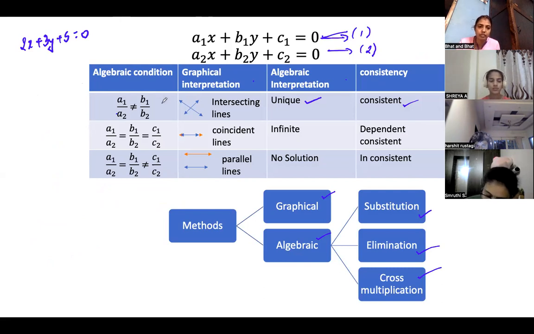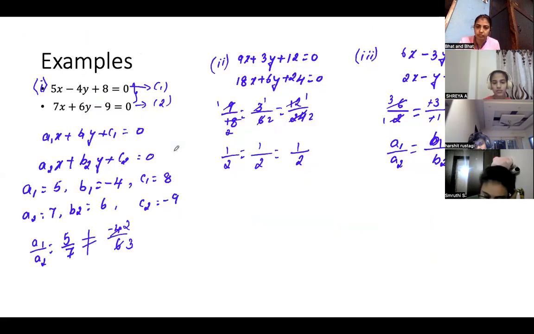Understood, right? First, did you make a note of the table, children? Yes, ma'am. Okay, then you can make a note of all the three of them.